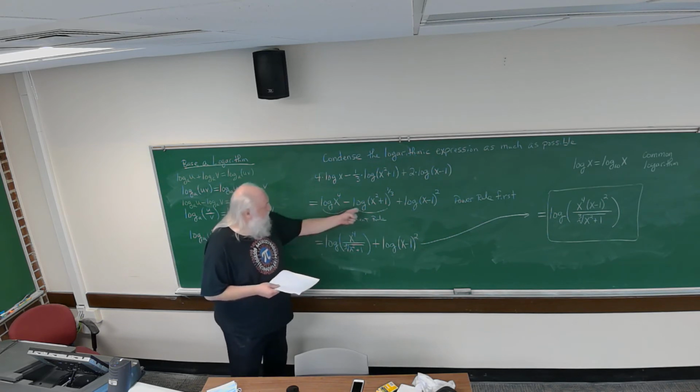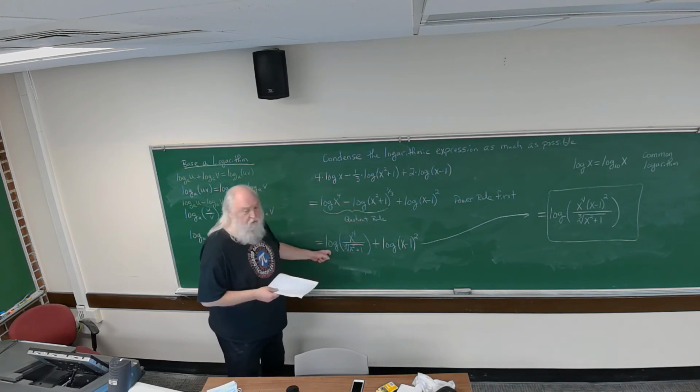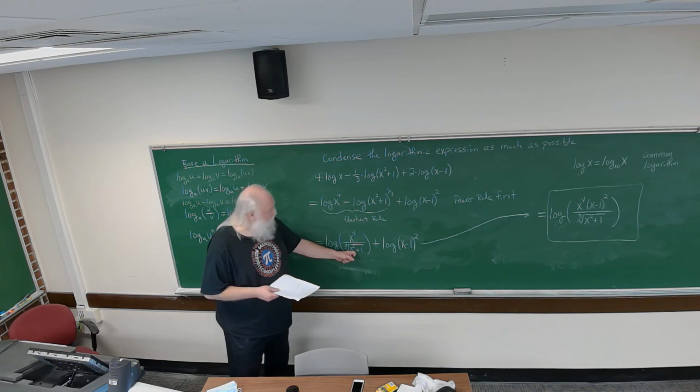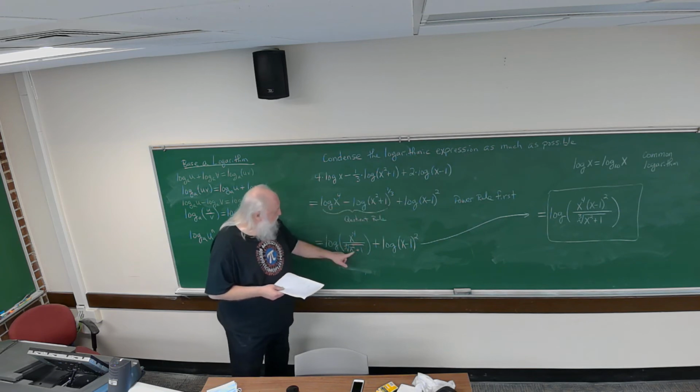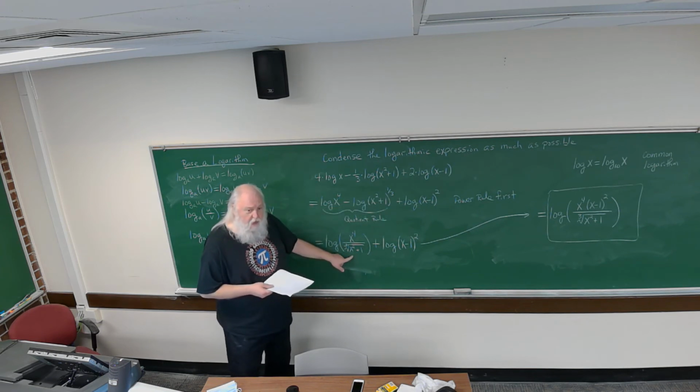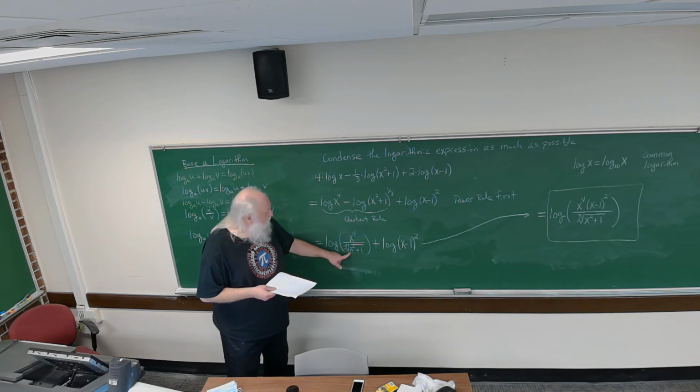So we can write this difference in 2 logs as the log of a quotient, or a fraction. X to the 4th goes in the numerator, and x squared plus 1 to the 1/3 power goes in the denominator, and I have rewritten x squared plus 1 to the 1/3 power as the cube root of x squared plus 1.